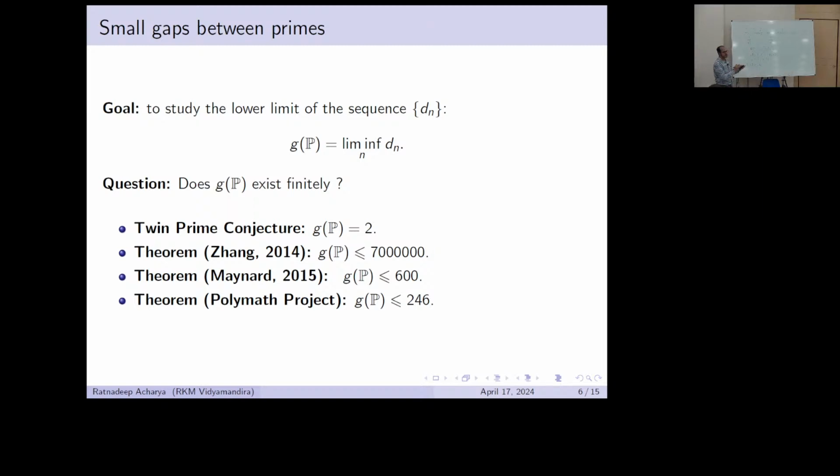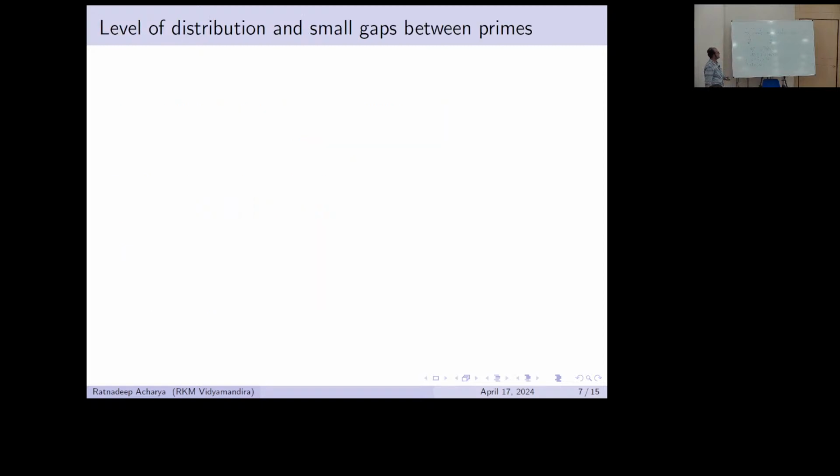Concentrate on the fact that we want to study the finiteness of G of P. So we already mentioned the level of distribution of primes, and it is known that it is at least half.